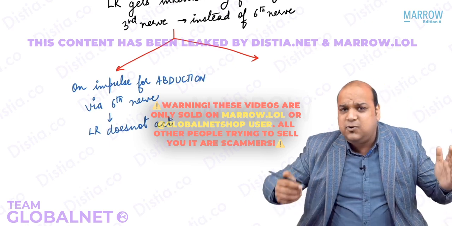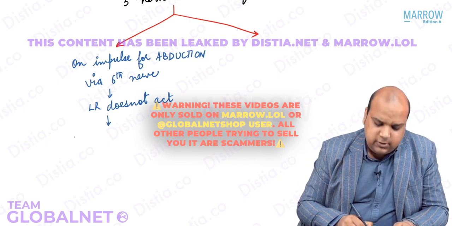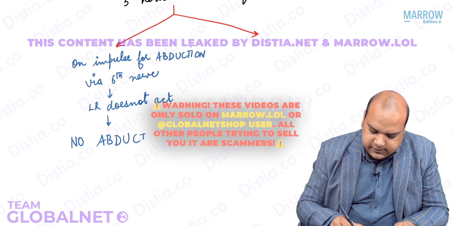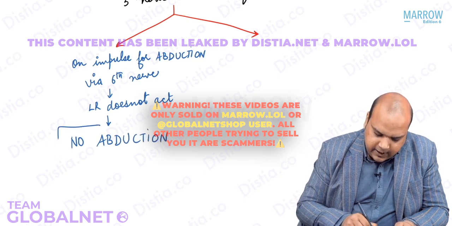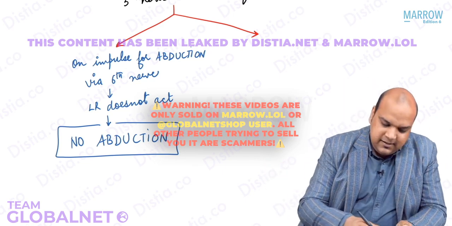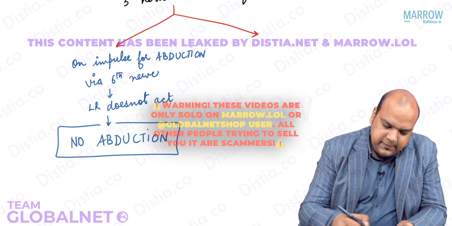Yes or no? LR is no more supplied by the sixth nerve, so LR will not be able to act. When LR does not act, there is no abduction. Limitation of abduction. Am I clear to everybody? First clinical feature.